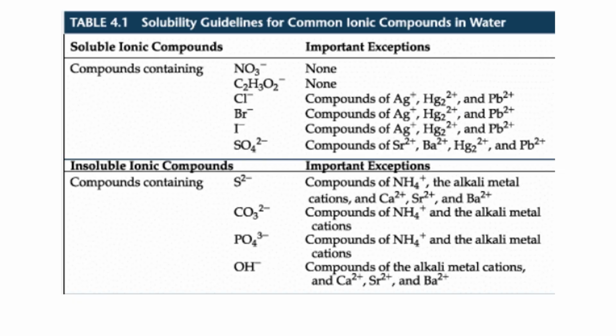Okay, we recall the solubility rule, the table that shows the solubility rule. These are the soluble compounds, and these are the exceptions. These are the insoluble compounds, and these are the exceptions. Okay, take note, kani. Insoluble ionic compounds, compounds containing hydroxides.